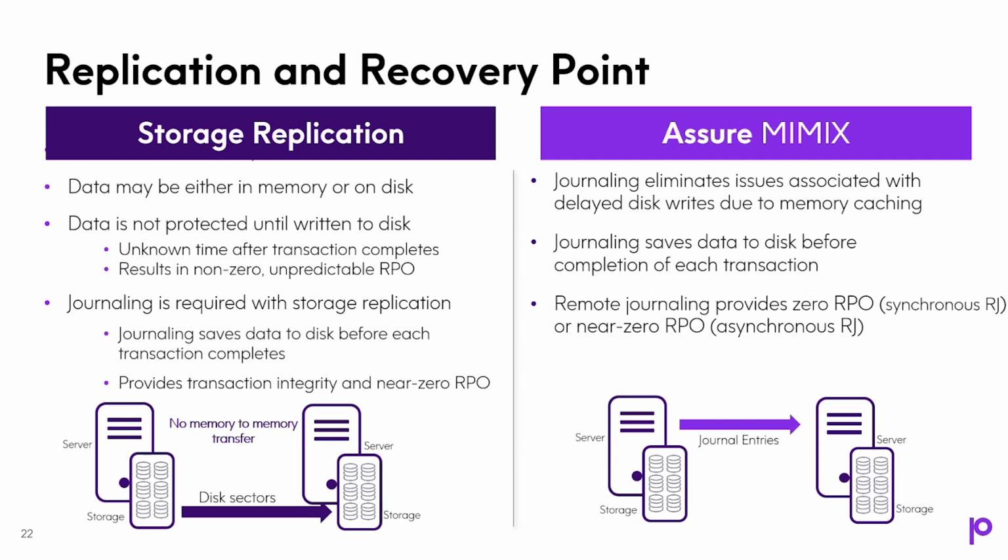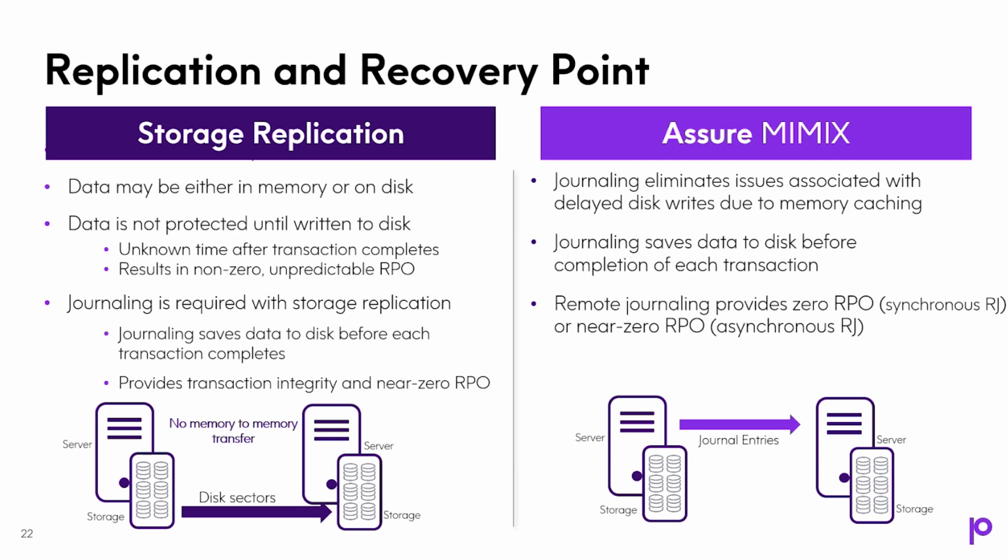With MIMIX, on the other hand, journaling eliminates issues associated with delayed disk writes due to memory caching. Okay, so that memory caching is where the data is flying around in memory and not flushed to disk yet. So journaling eliminates that. Journaling saves data to disk before completion of each transaction, and remote journaling provides zero RPO. You can have a synchronous mode if you want it.